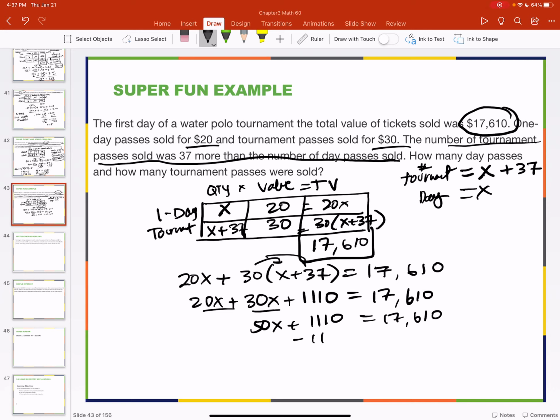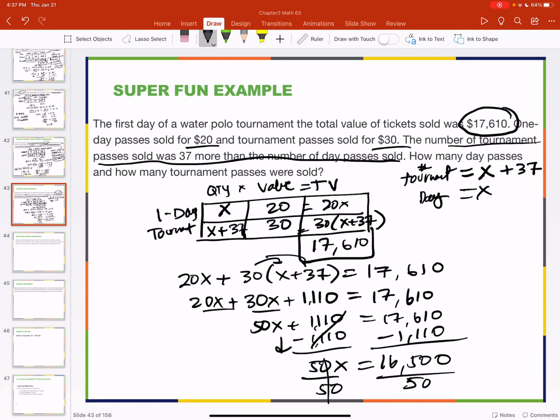So then let's subtract. We're doing commas. So then subtract from both sides, we get 50X is equal to 16,500. So divide by 50. Okay, and then X is equal to 16,500 divided by 50, which is going to be 330.